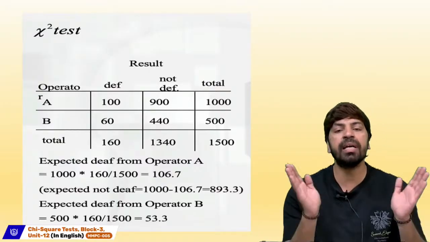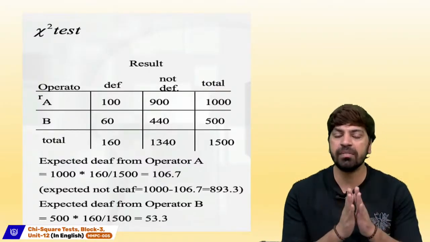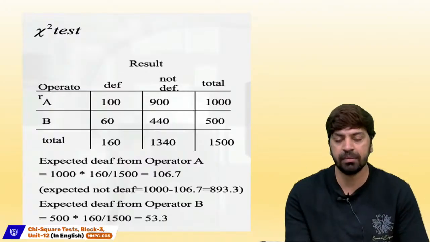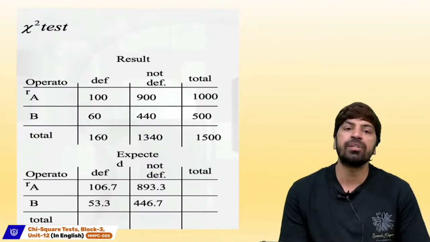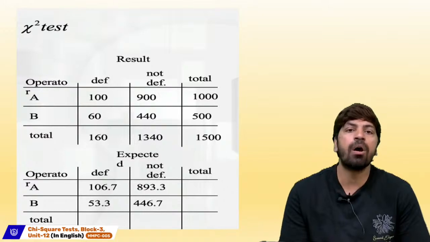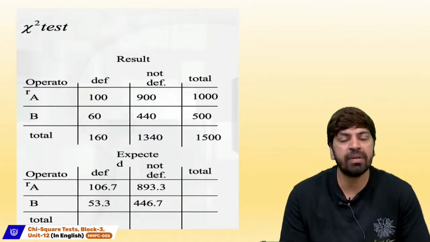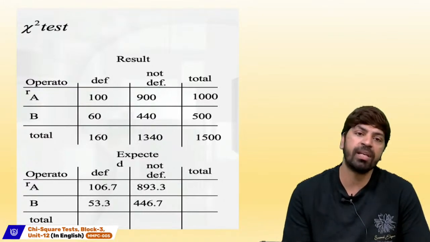We just put the expected frequencies and observed frequencies in an overall table. As you can see, the observed frequency is already given and the expected frequencies are there.